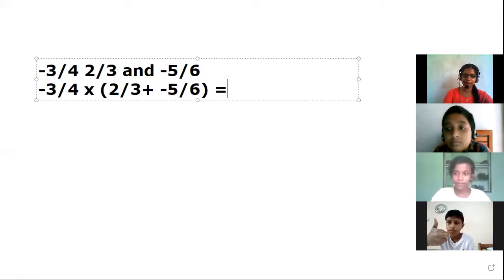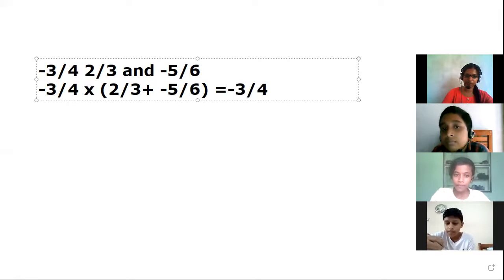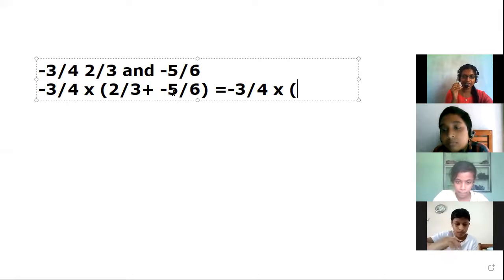Yes, that is minus 3 by 4 into, inside the bracket, 2 by 3 and minus 5 by 6. We know that both the rational numbers have different denominators. That's why we have to use cross multiplication, right?